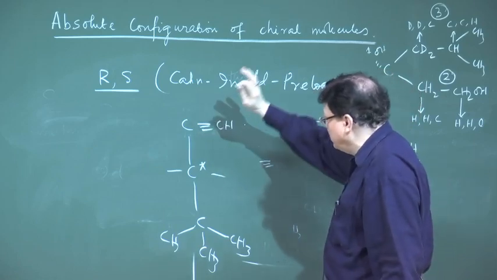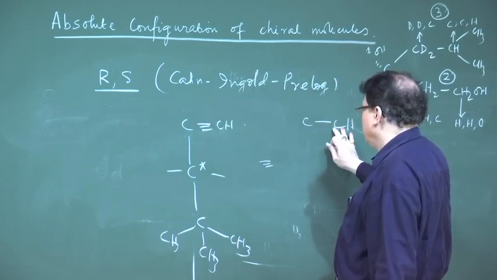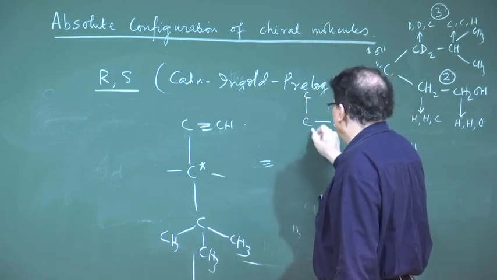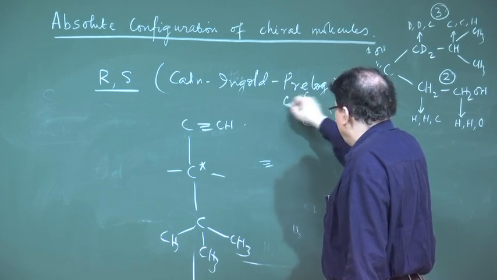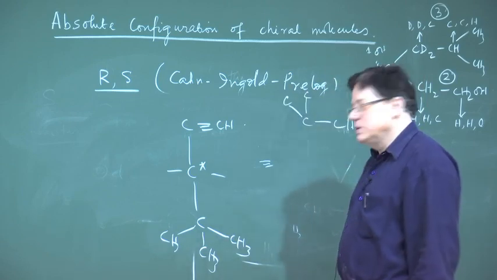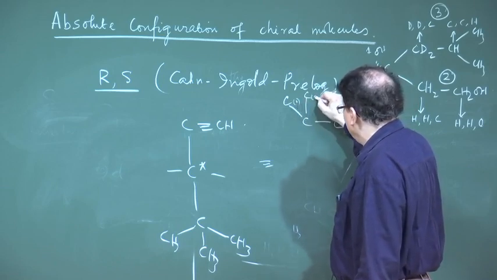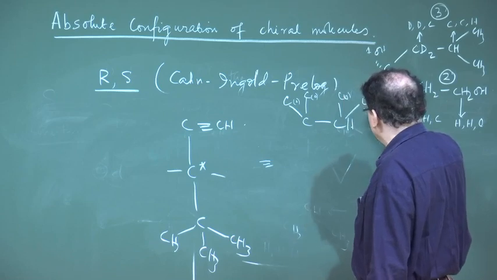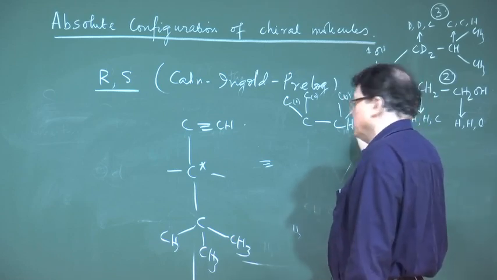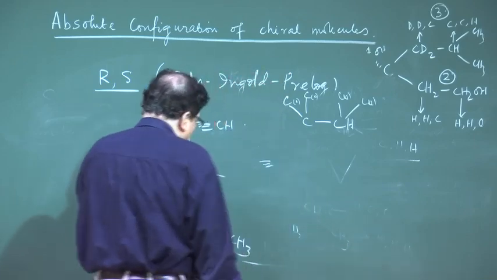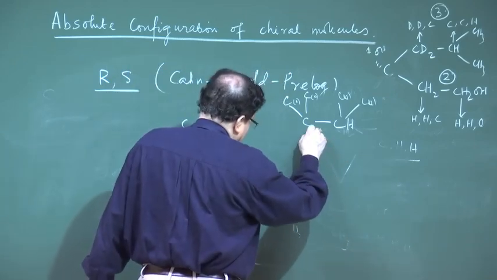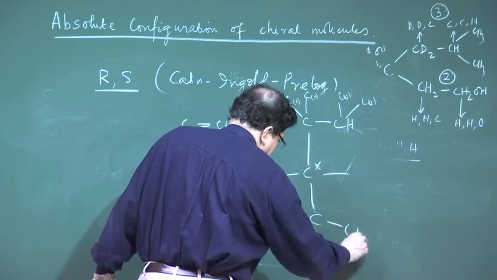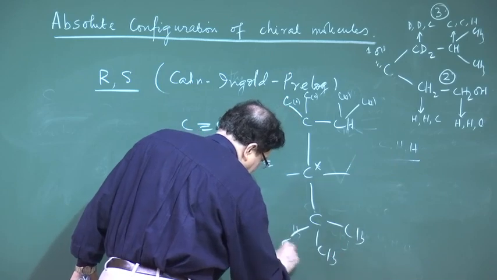So, you break both the bonds, make it a single bond, but as you have broken two bonds, this carbon will be regarded as having two ghost carbon atoms. You can write 0 as you wish, and you do the same thing, a ghost carbon atom at both the carbons. And here there is no ghost, because it is just normally attached. So, this is your stereogenic center and this is your CH3, CH3, CH3.